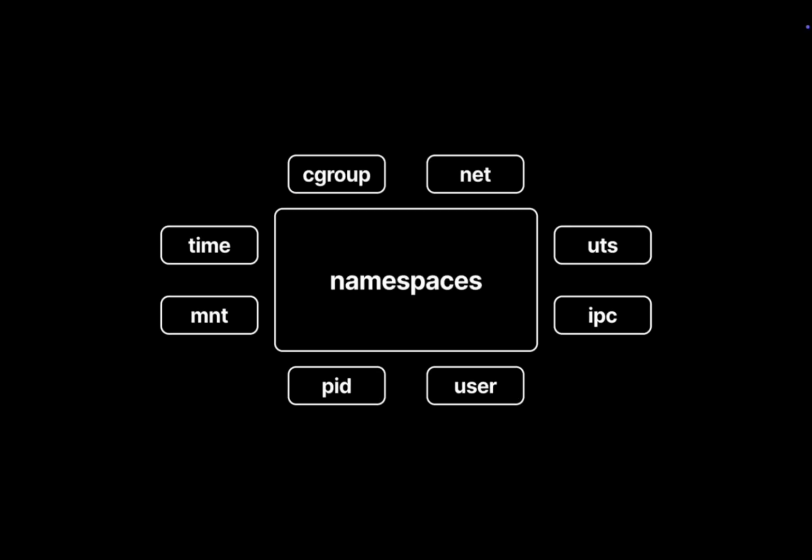Linux provides exactly 8 types of namespaces, and each one isolates a different kernel resource. Let me be precise about what isolate means here. It means processes in different namespaces get different answers when they ask the kernel about that resource.